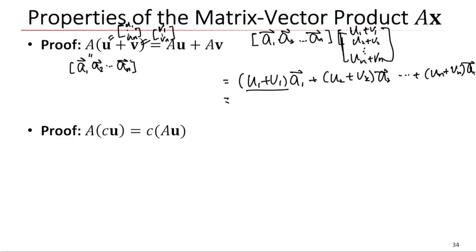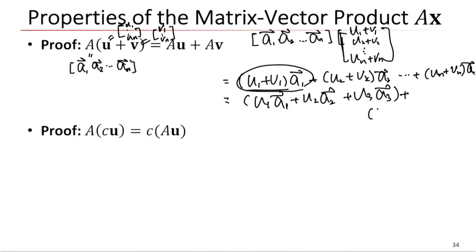Then, because this is a linear combination, it is u1a1 plus u2a2 plus u3a3 plus v1a1 plus v2a2 plus v3a3, like this.